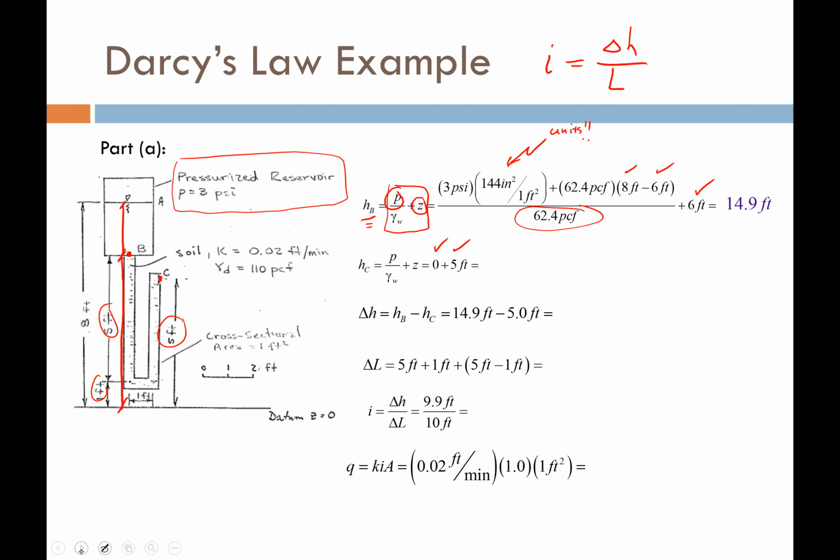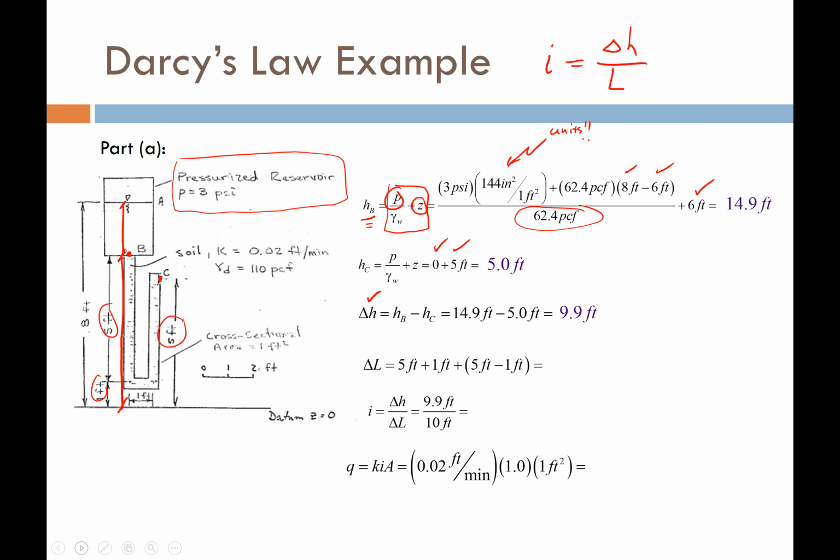So that one was easy. The total head at point C is just 5 feet. So now to compute the difference in head, or delta H, we just have to subtract the head at C from the head at B. And that's where we get 9.9 feet of head. 9.9 feet of head loss in the soil there, in the tube.